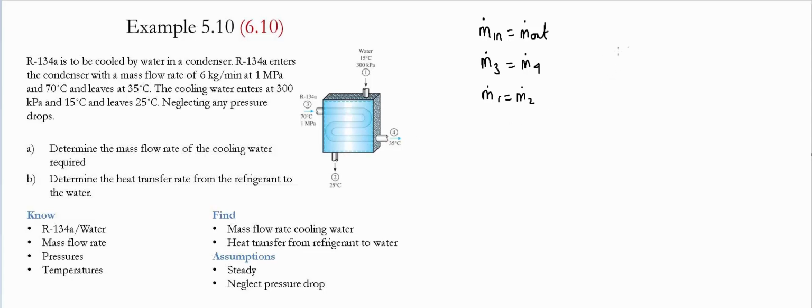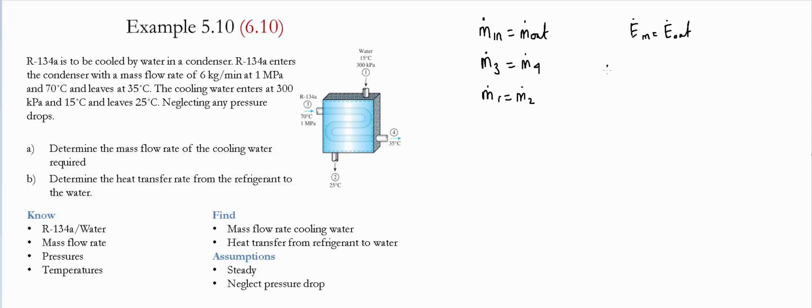We're going to do the same thing for the energy. The rate of energy going in is equal to the rate of energy leaving. Once again, there is a steady condition, and we are going to neglect the change in kinetic energy and potential energy. Therefore, since it's an open system, the only thing that we have is the change in enthalpy. Because we have a control volume that crosses the 4 openings, and energy does cross from the water into the refrigerant and vice versa, we are going to add both of them.